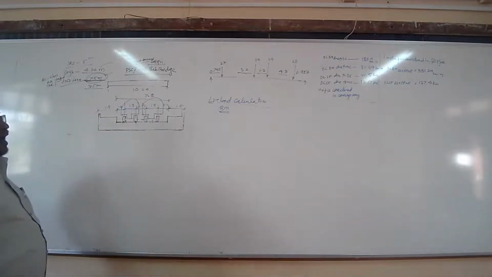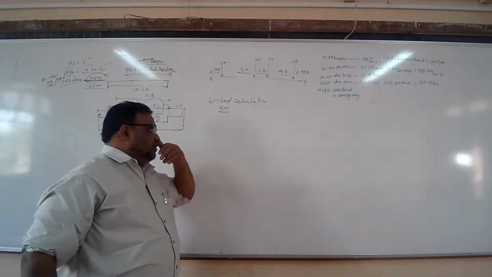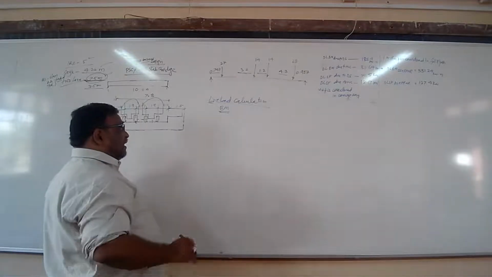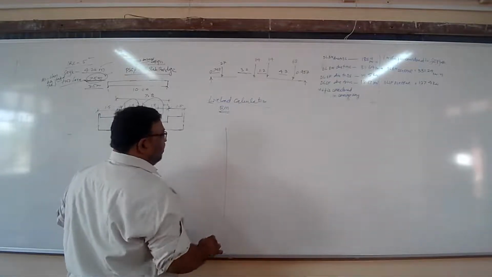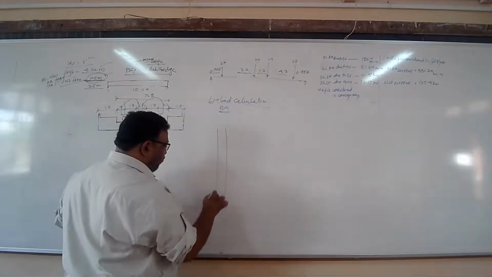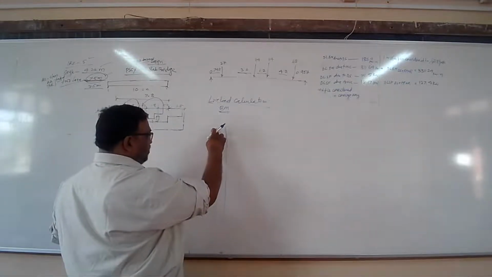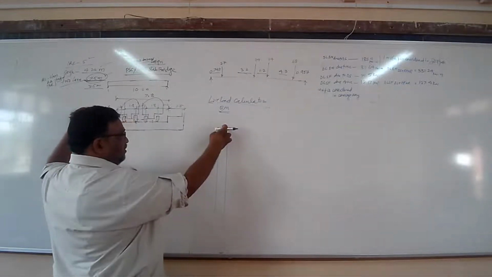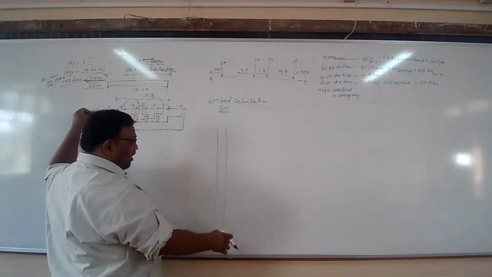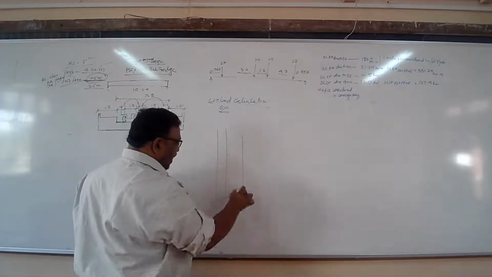Now I am talking about the bending moment calculation. How will it be? This is the footpath. This is the edge of this footpath. This is the edge of the face of the curb. This is the first line of wheels.